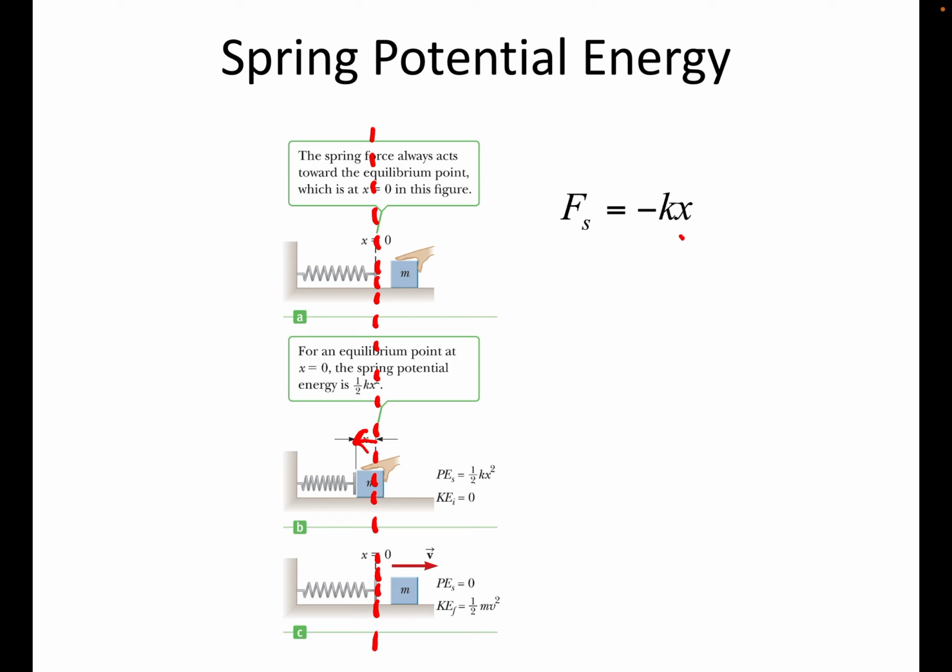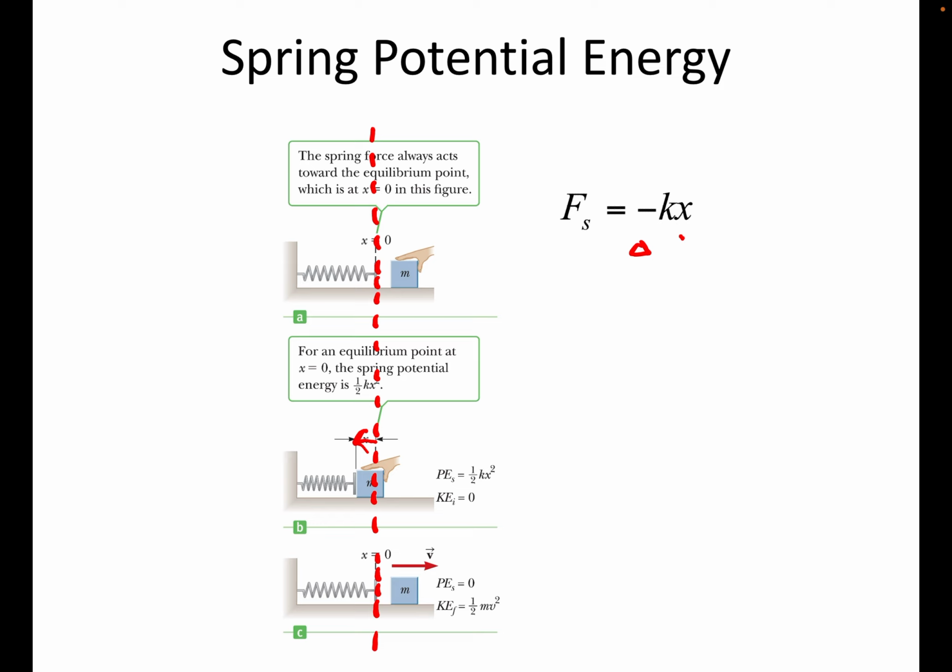What would be the force acting on this block? It would be to the right. So this is why there is a negative sign here. It shows the spring force is in the opposite direction of the change of the spring length, the displacement of the spring.